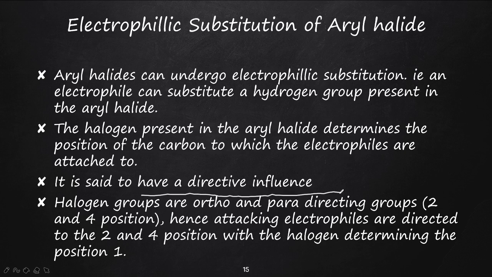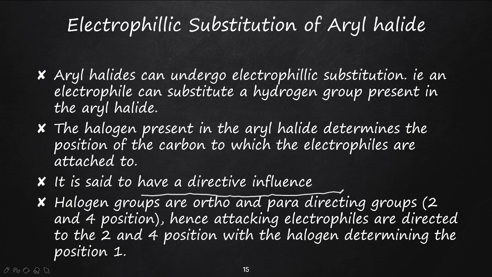Now remember, I told you earlier when we were dealing with benzenes, or let me just take it as if I've not told you, that halogens are deactivating groups, but they are ortho and para directing groups. That is, ortho is the second position and para is the fourth position.